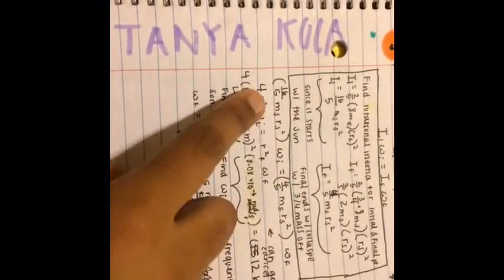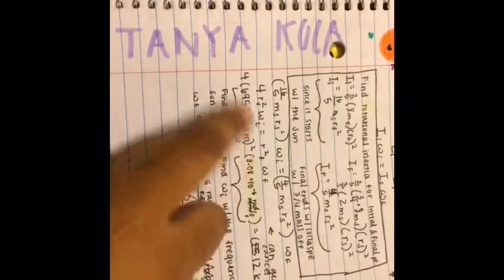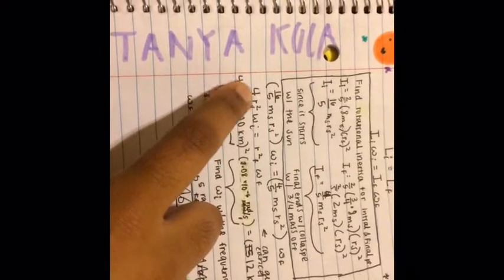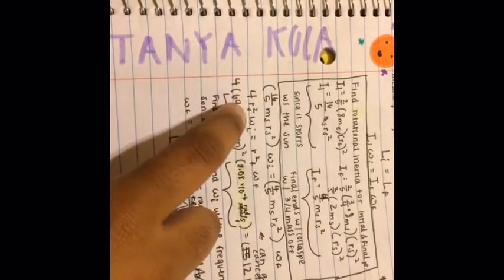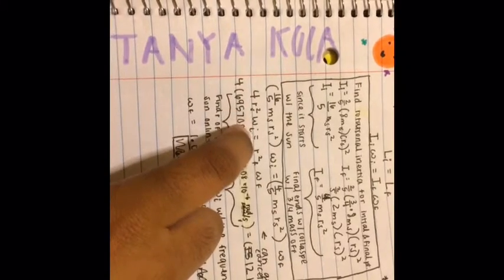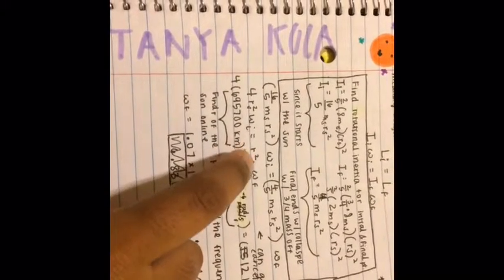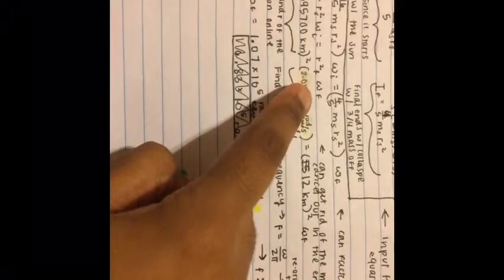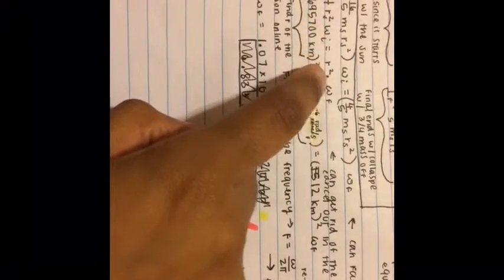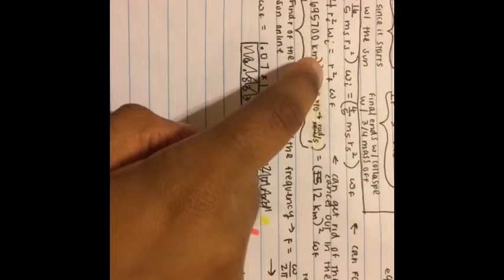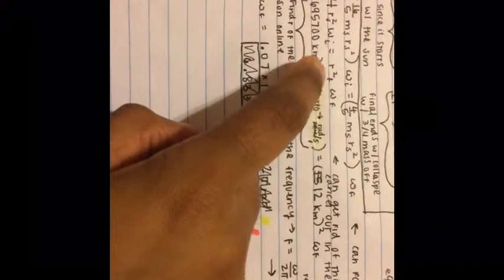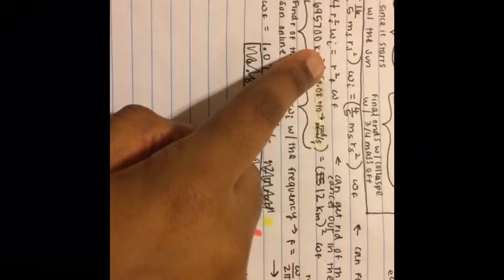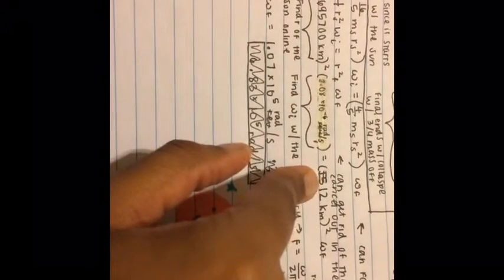So we can proportion those out, cancel these two out, getting this equation right here: 4 times r squared times the initial angular velocity equals r squared final times the final angular velocity. Since we are looking for final angular velocity, we need to figure out the numerical values of these three variables. For our final radius, we're given that it's 12 kilometers, so we can easily input that in our equation.